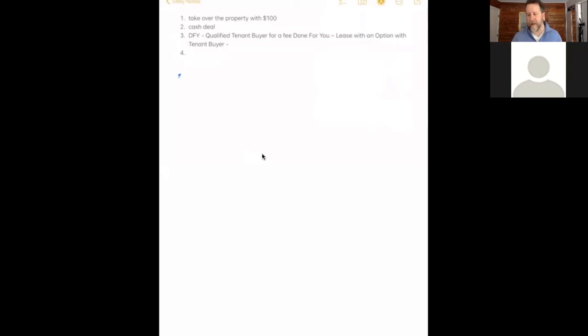So what might that look like? Let's say the house is worth $300,000, or it could be worth $300,000 when it's fixed up, but the owner owes $200,000 on it. And so you say, well, I'll give you $200,000 cash to close on the property by the end of the month.